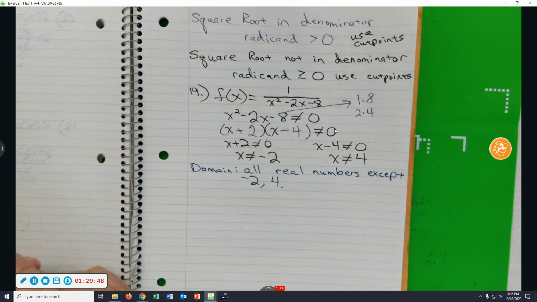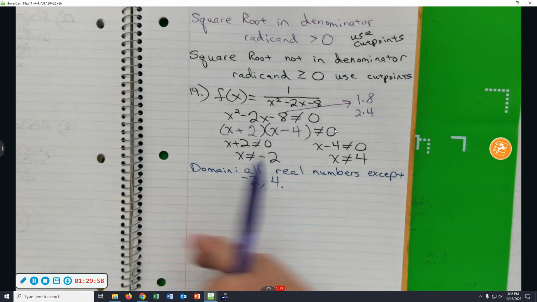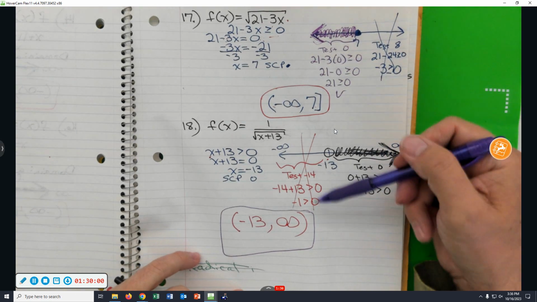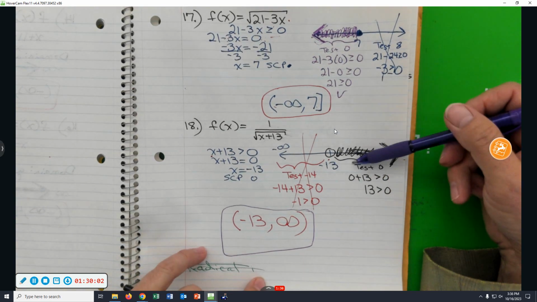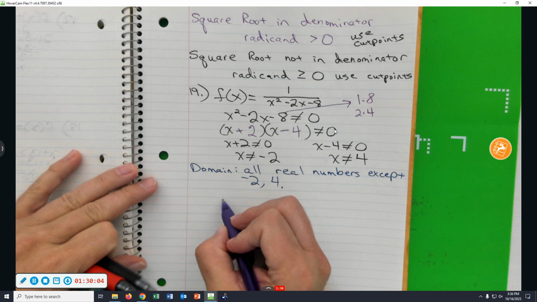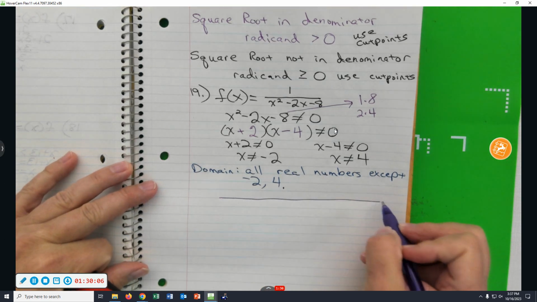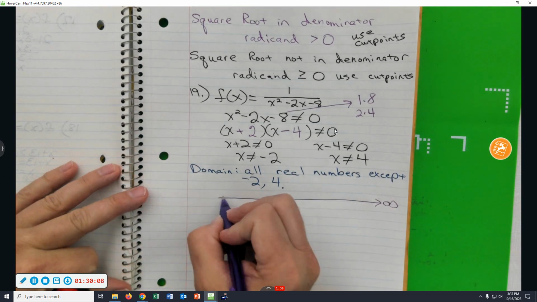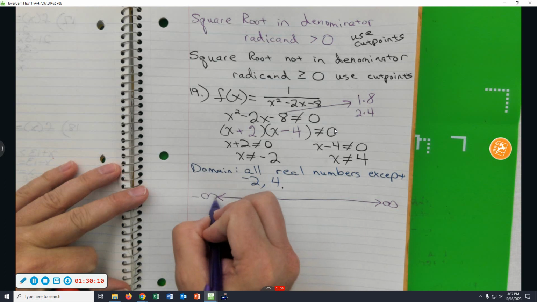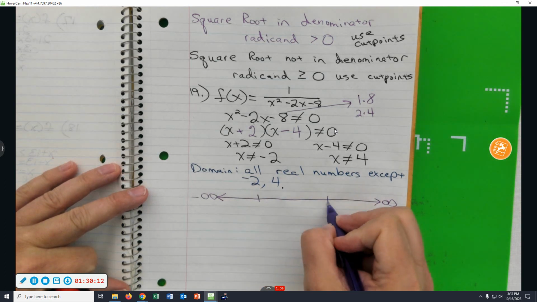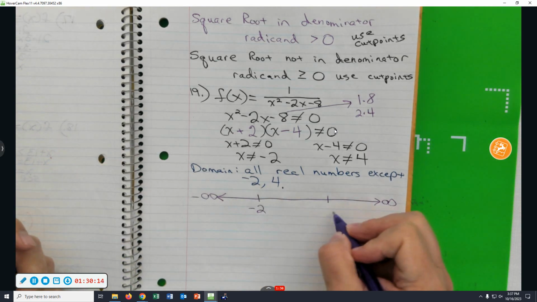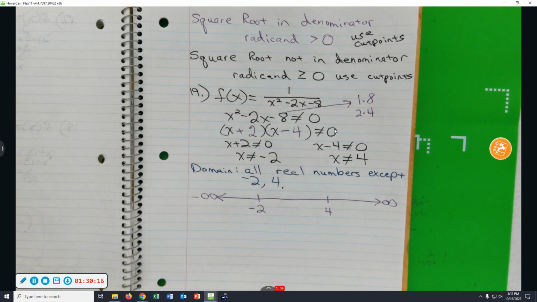I don't want it written out in words. So, we're going to have to write it using interval notation. How do we say that using interval notation? Am I going to have to test intervals here? No, you test intervals with square roots when you're using the cut point. Here's my number line. There's my infinity, there's my negative infinity. I have -2 and +4. How am I going to label those?